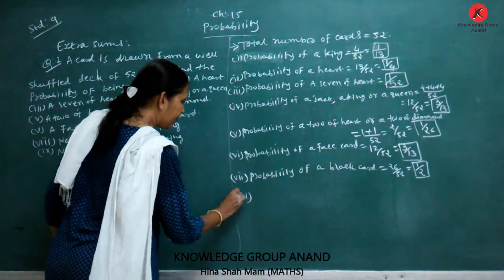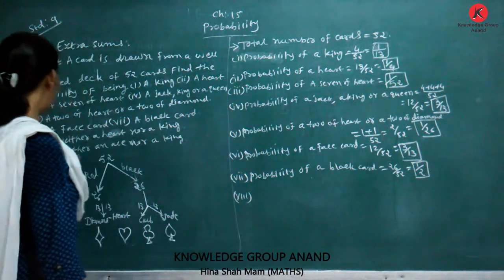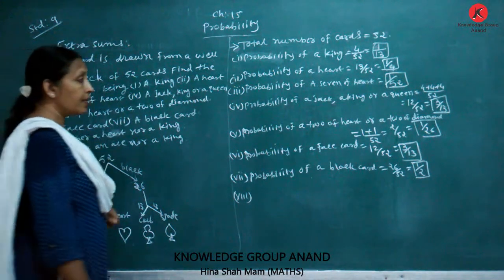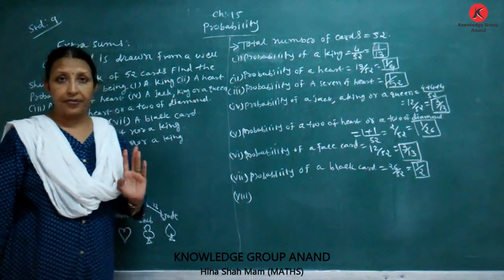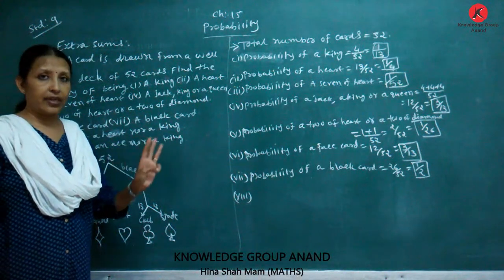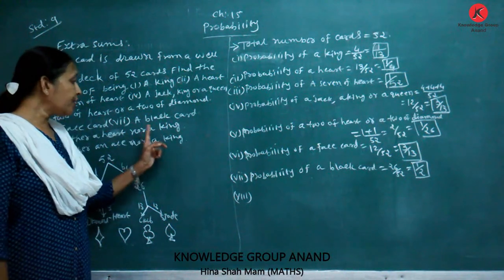Question number 8. Neither a heart nor a king. Neither a heart: how many hearts? How many cards of heart? 13 cards. And nor a king.